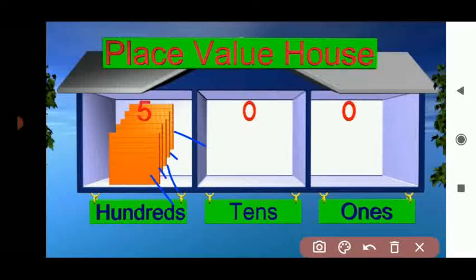Now, it is very important to see which room the number is in, because this changes the value of the number. If the number is in the ones room, the tens room, or the hundreds room, the change in room will change the value of the number.